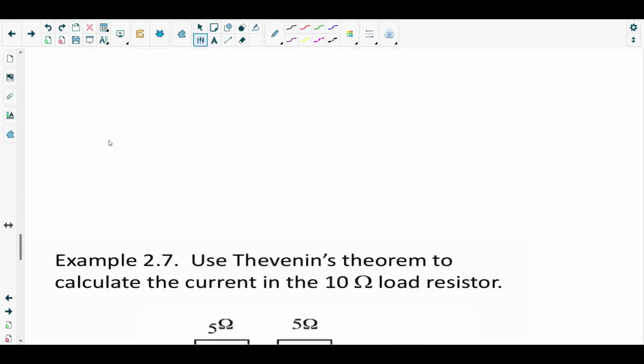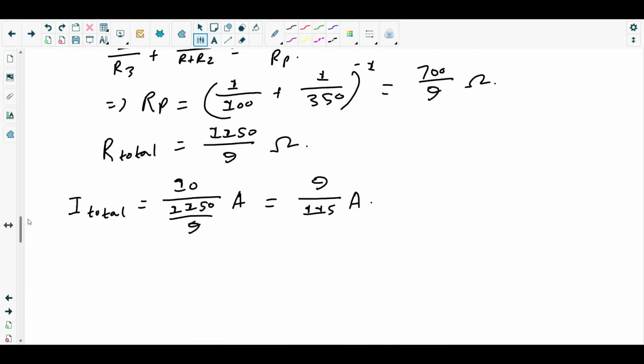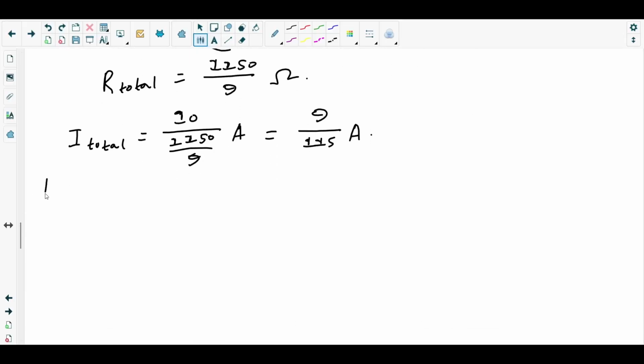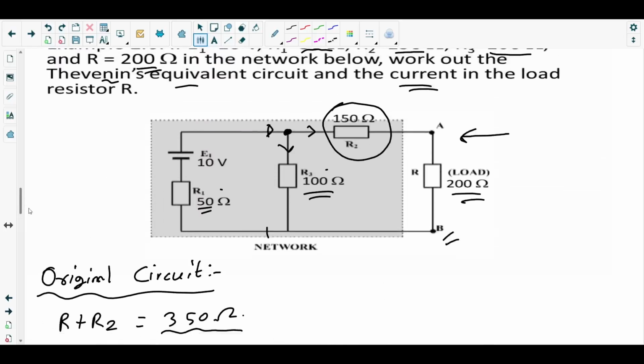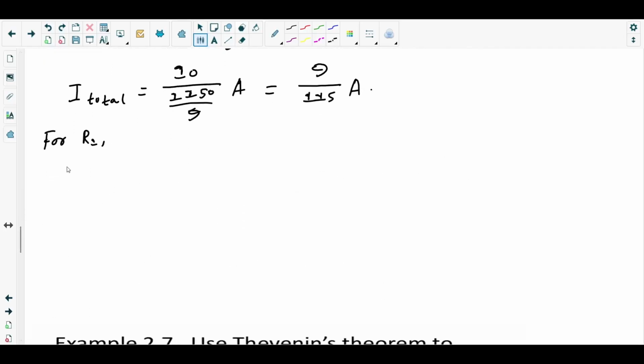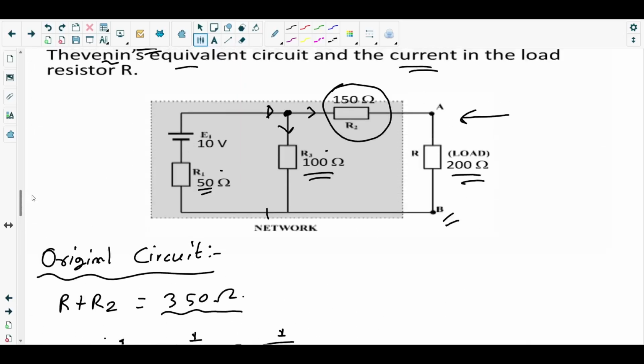Okay, for R1 at first. Okay, I have no space. No problem, I can extend it. So for R1, PD across R1 is how much? V equals IR. So V1 is the PD across R1. It has the total current passing through it because it's in series, right?